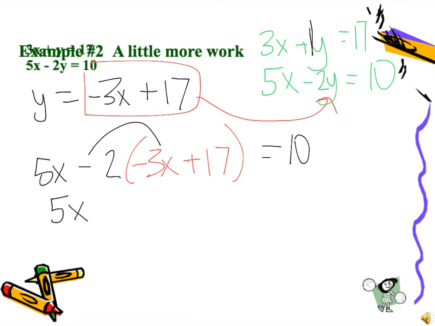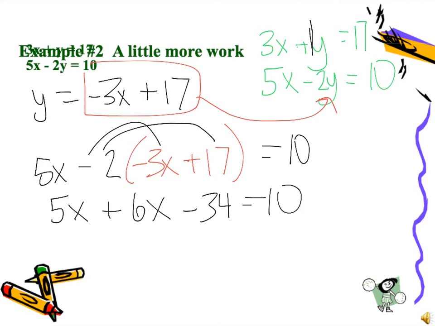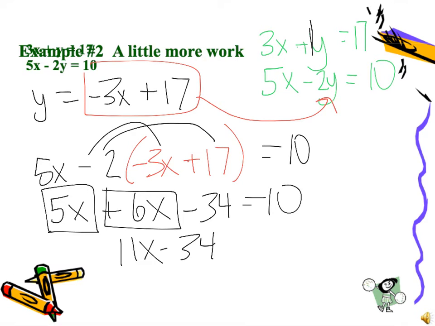So negative 2 times negative 3x is 6x, minus 34 equals 10. Combine my like terms. I get 11x minus 34 equals 10. If I add 34 to both sides, I get 11x equals 44, and so x equals 4.